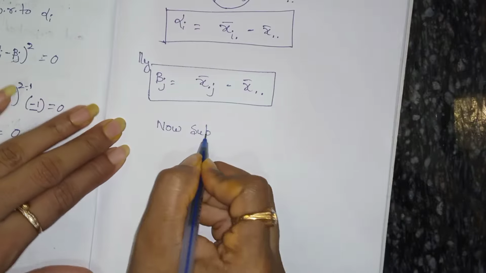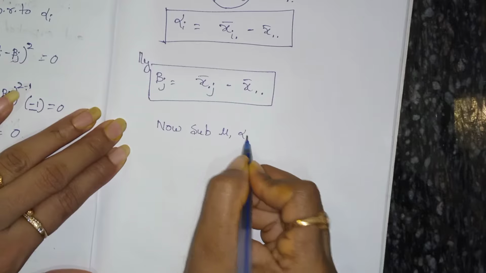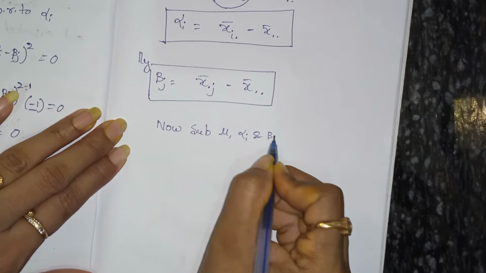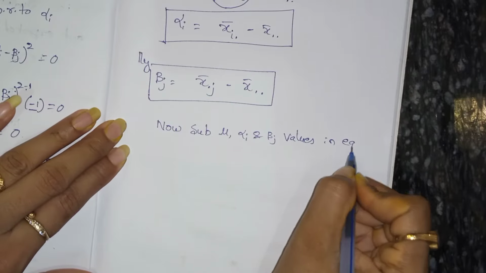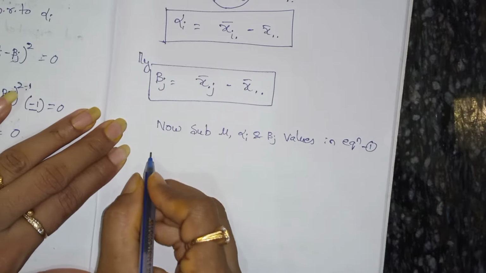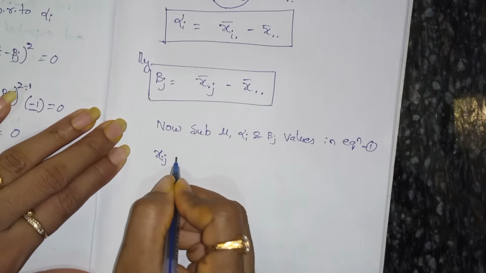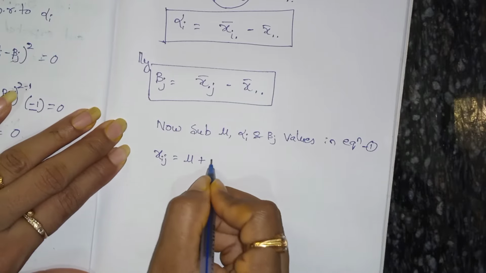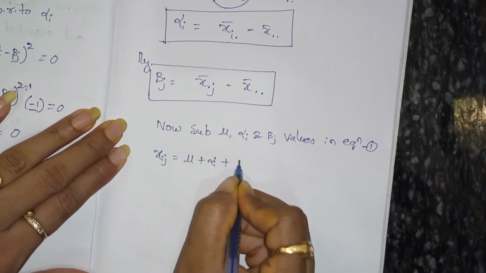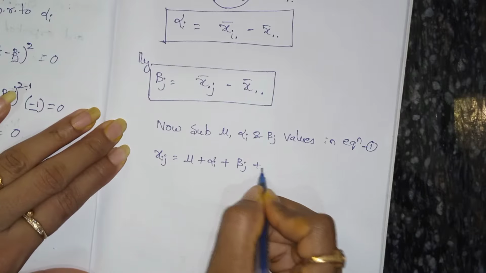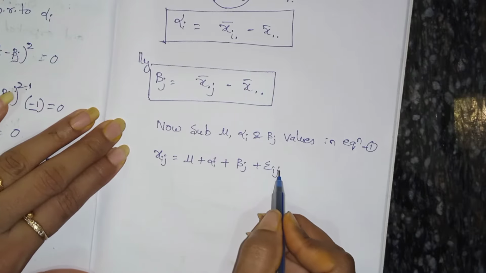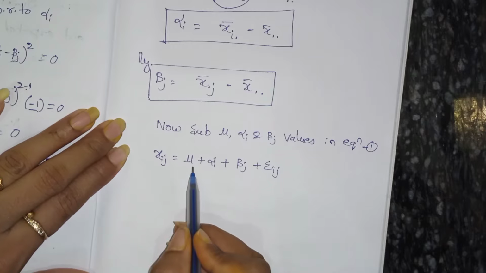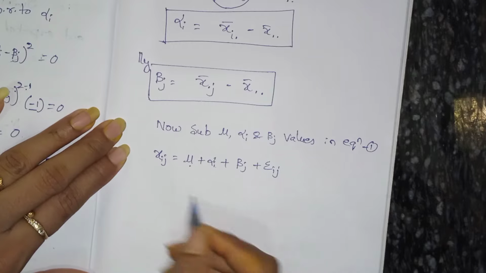Now what we have to do is substitute the mu, alpha i and beta j values in equation 1. Equation 1 is nothing but xij equals mu plus alpha i plus beta j plus epsilon ij. Now we are going to find this epsilon ij, so we substitute the mu, alpha i, beta j values.